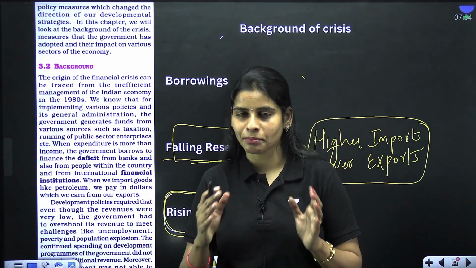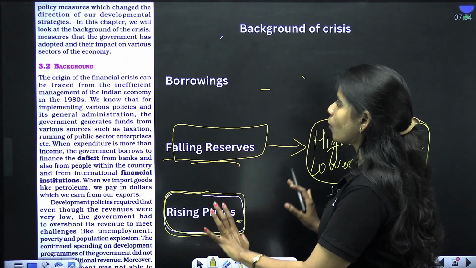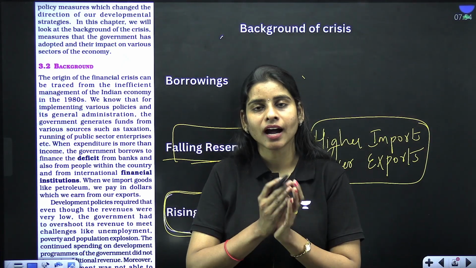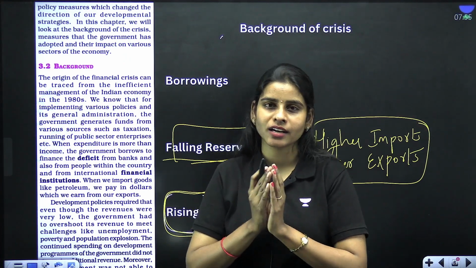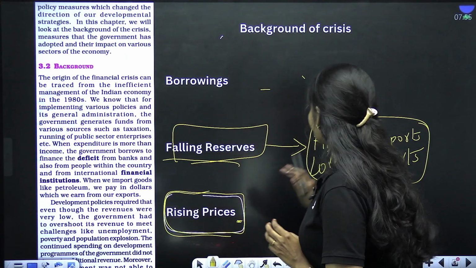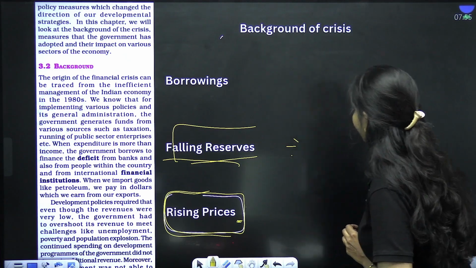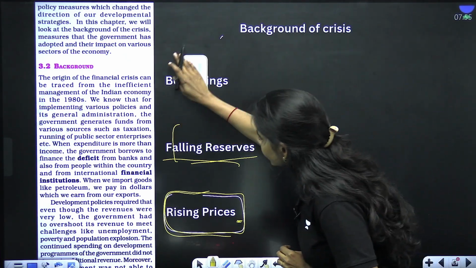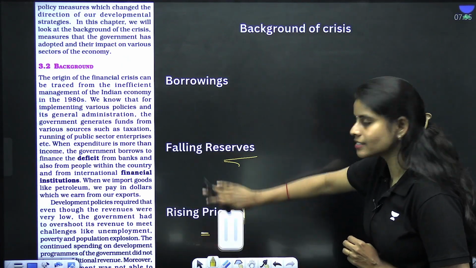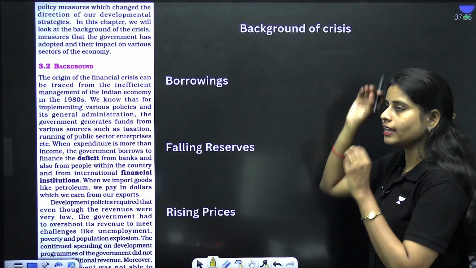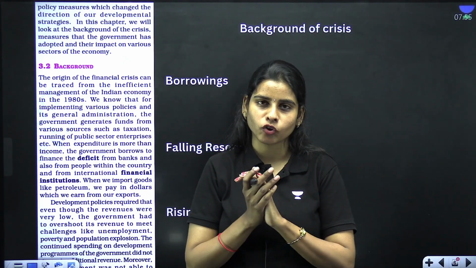We'll talk about that separately. So these are the important conditions or backgrounds which you have to remember as reasons for the 1991 economic crisis. So we also had a higher fiscal deficit at that period of time. In addition, we also had some external conditions like the Gulf War and everything going on, which also made India go through this kind of economic crisis.